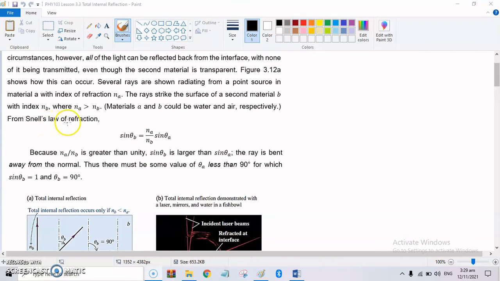From Snell's law of refraction, because Na over Nb is greater than unity, sine theta B is greater than sine theta A. The ray is bent away from the normal. Thus, there must be some value of theta A less than 90 degrees for which sine theta B equals 1, and that is when theta B equals 90 degrees. Sine 90 degrees is always equal to 1.